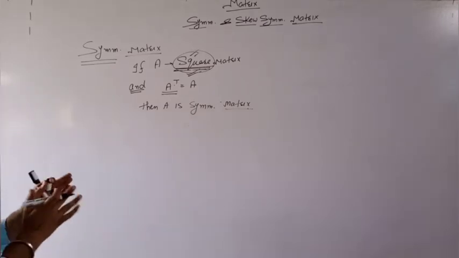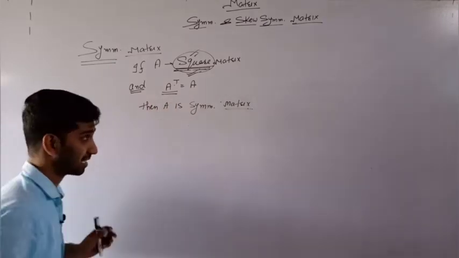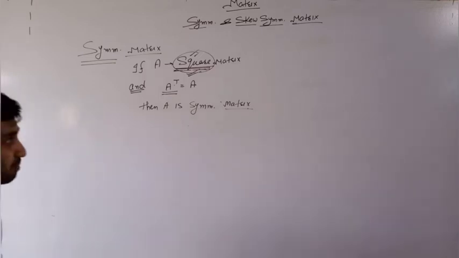If the transpose of a square matrix is equal to the matrix itself, then the matrix is called a symmetric matrix.